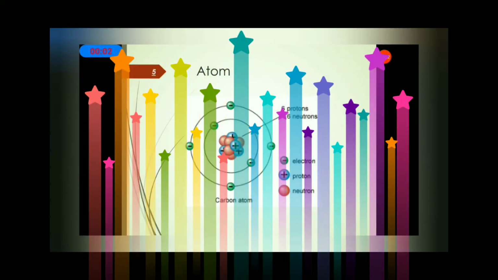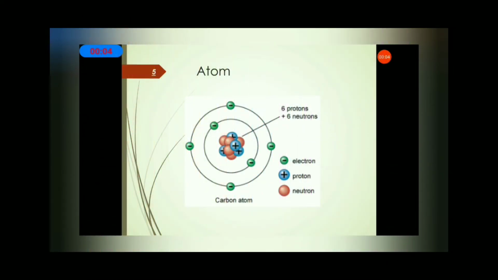I hope all of you have watched part 1. So here in this video we will learn about the distribution of electrons in an atom. As we know, protons and neutrons are present in the nucleus of an atom, that is called the center, where the proton is positively charged and the neutron is electrically neutral.